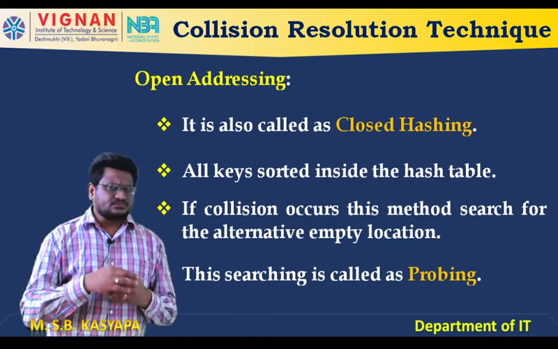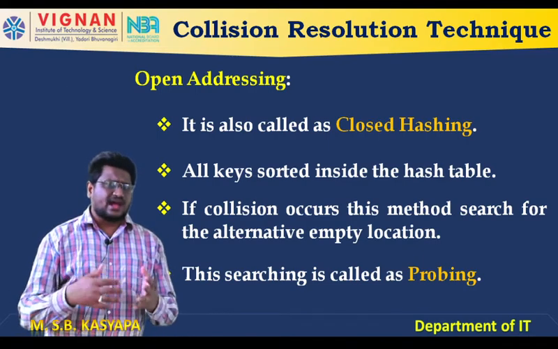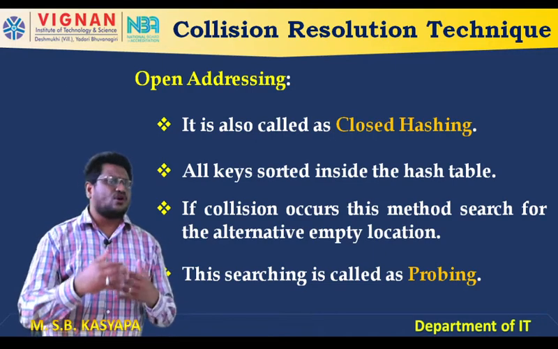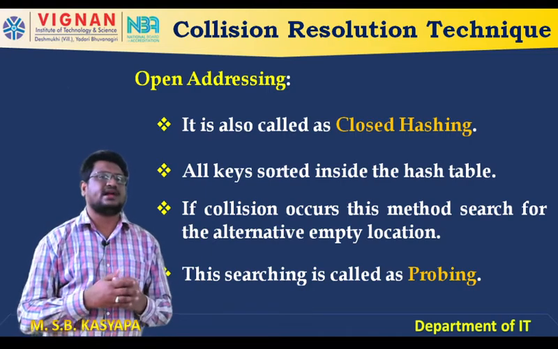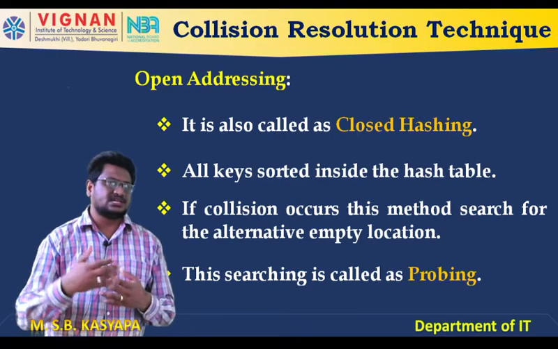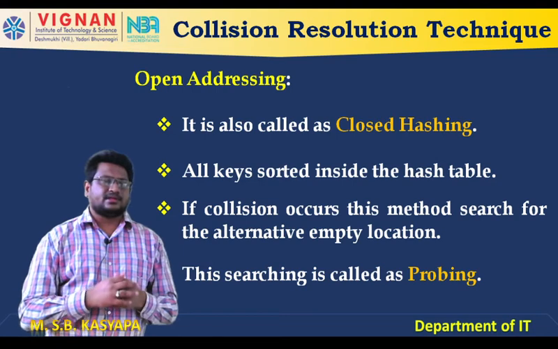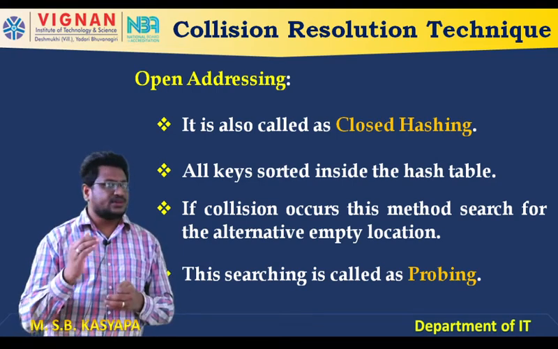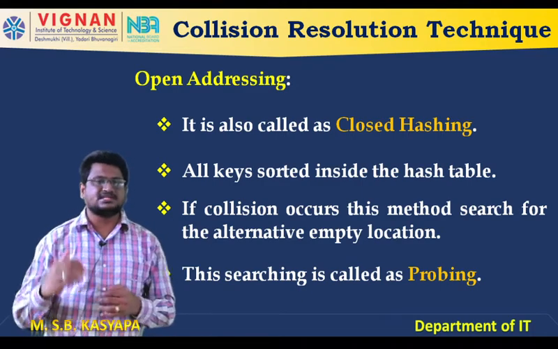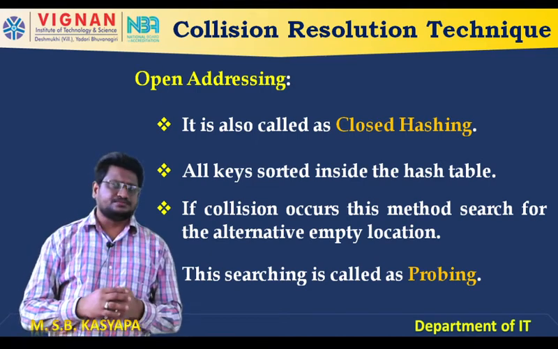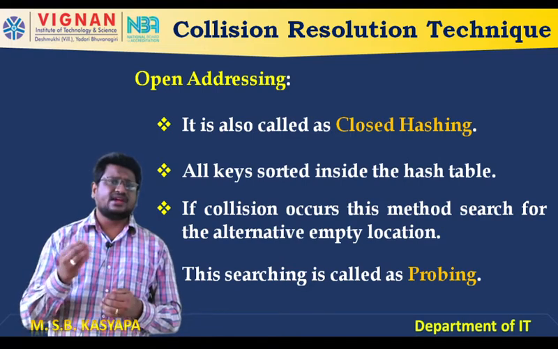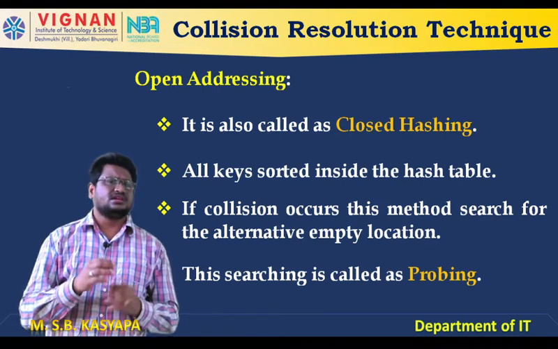Now, whatever values I have to insert will be arranged within the hash table, so all the keys get a chance to store values. In chaining some of the addresses do not have any occupation, but if you use open addressing, it makes sure that all the address fields will be occupied. Suppose, as in the previous example, 95 and 55 are representing the same address, that is 5.